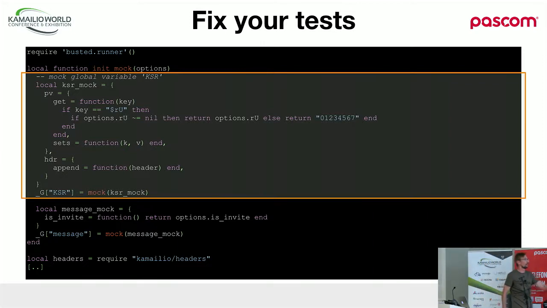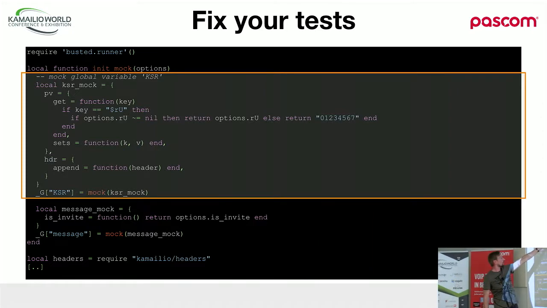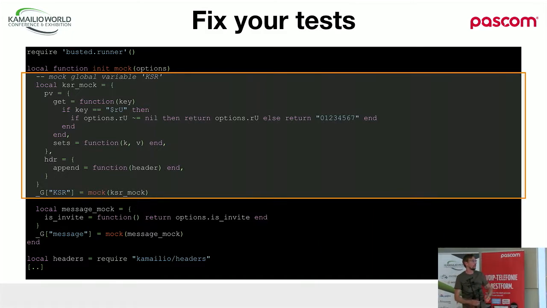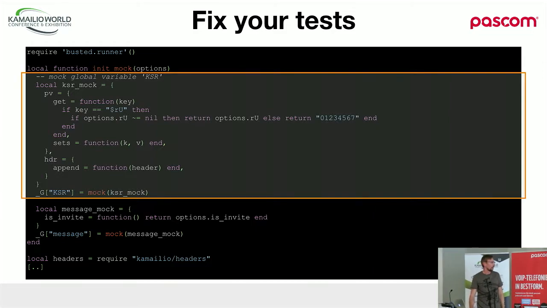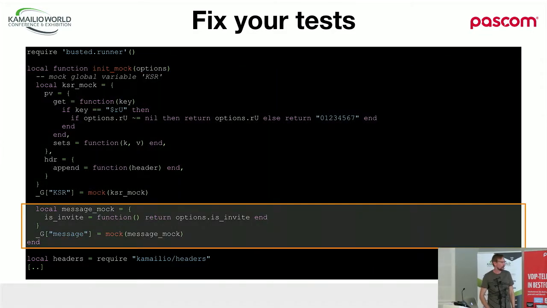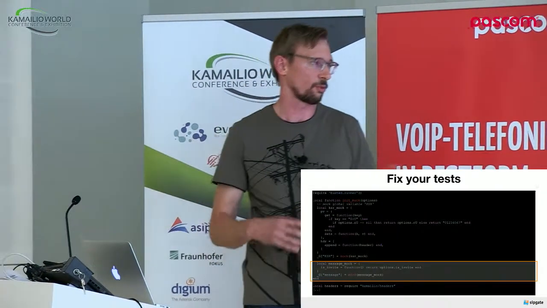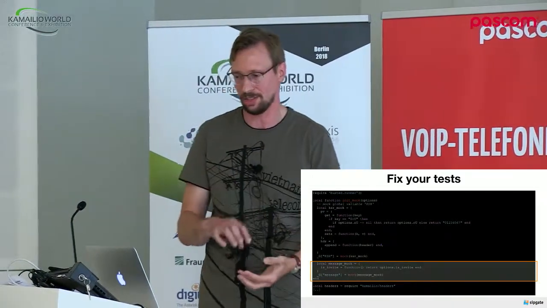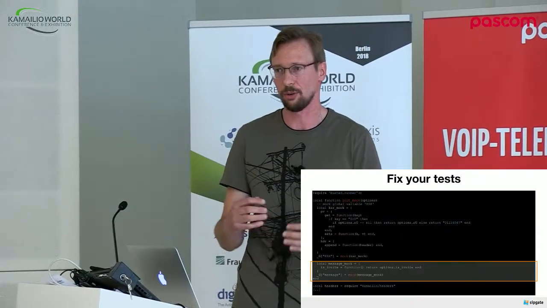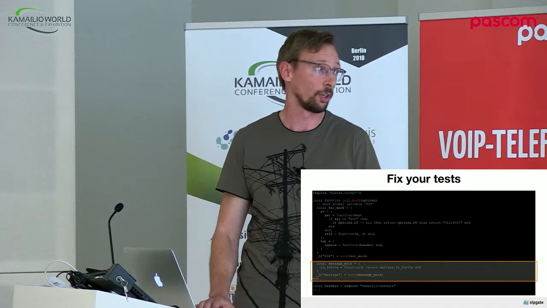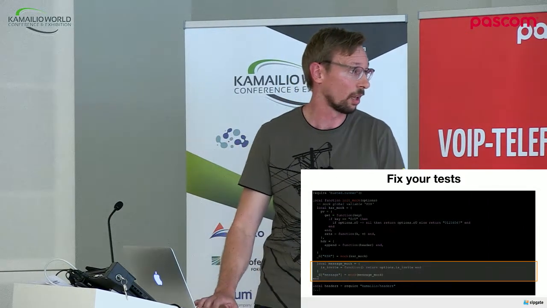So you can see here that if I want to get the request user, then I return whatever I pass in there using the options parameter. And I also mock my internal isInvite message, because that comes from another module, and I only want to test this module and this function, so there's no need to actually call the message module.